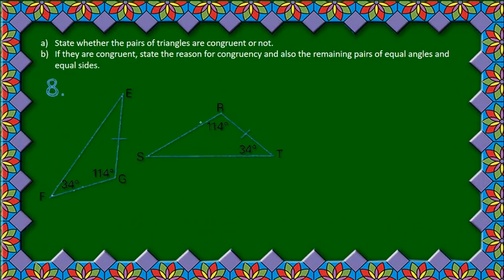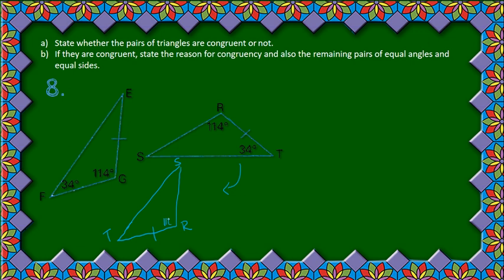Then for number 8, if I just rotate this triangle to look like the other one, or in the same position as the other one, then this becomes T, this becomes R, and this becomes S. So this RT is equal to this long side.